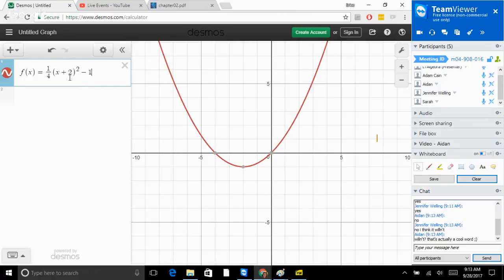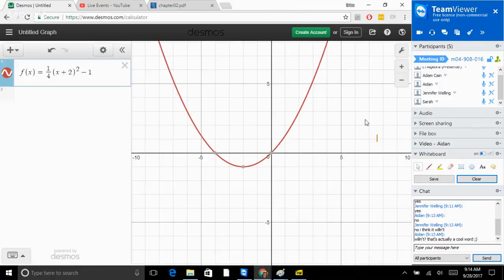That's our parent function, or a quadratic function, which is to say the graph is a parabola. Because of that, we do not pass the horizontal line test, so that will not have an inverse function. It is a function. It does not have an inverse.